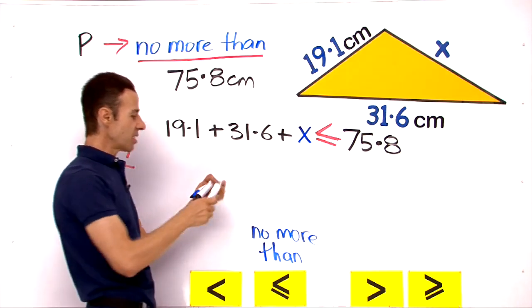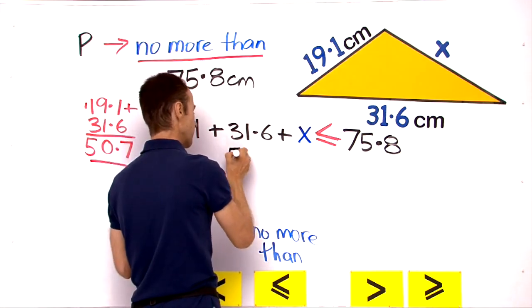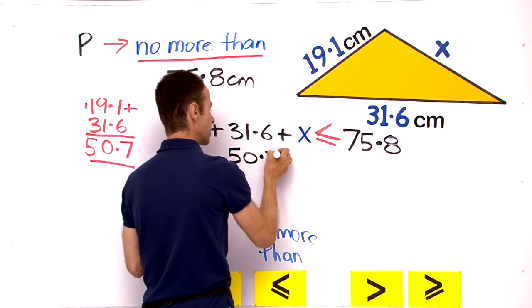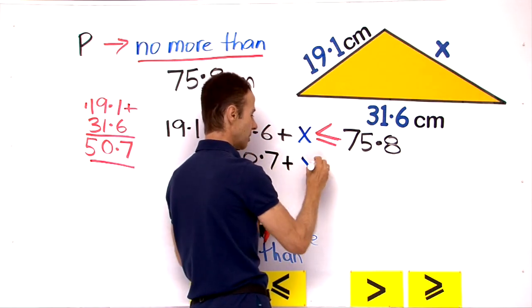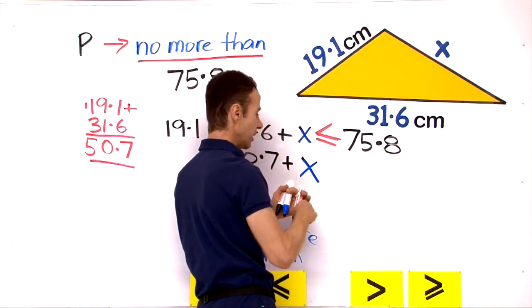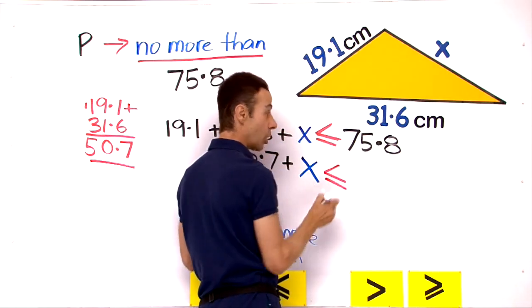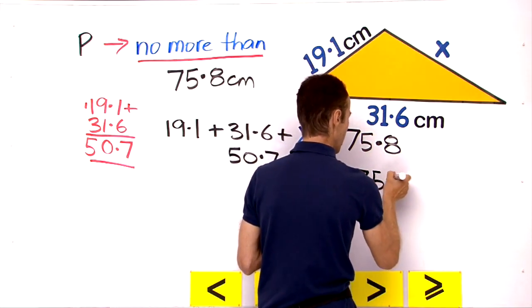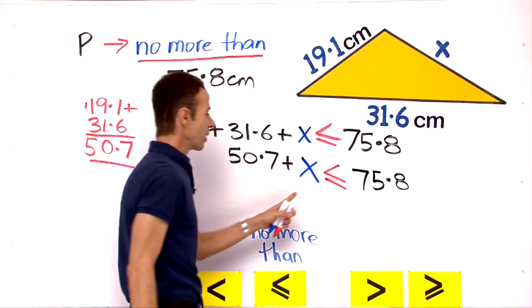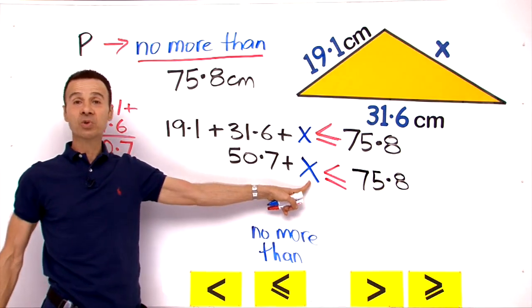So these two guys together, let me write down 50.7 plus missing variable X, there's our X right there, is no more than 75.8. Okay, we want to get the X home alone. What do we do?